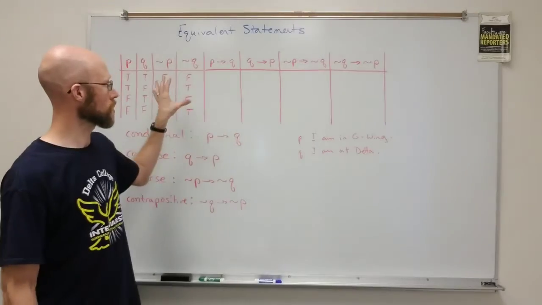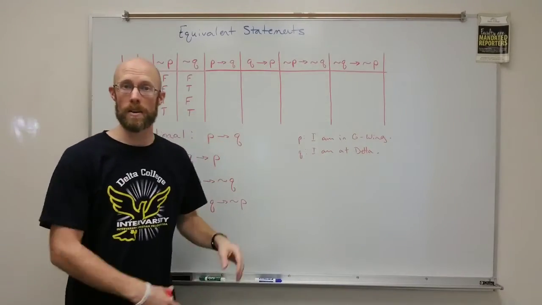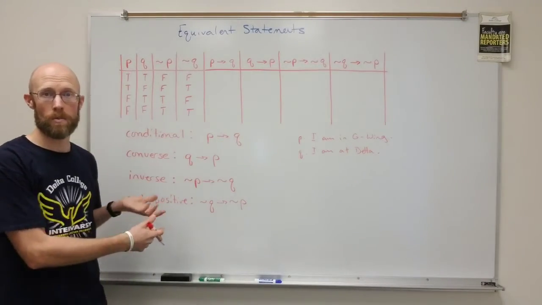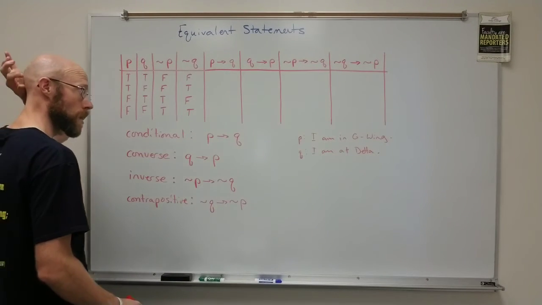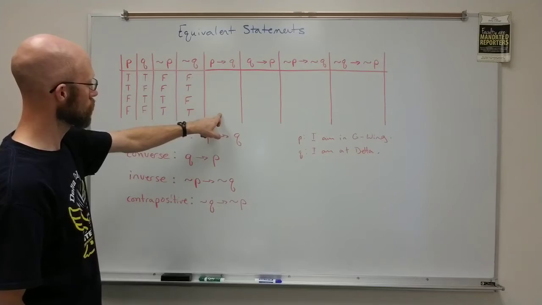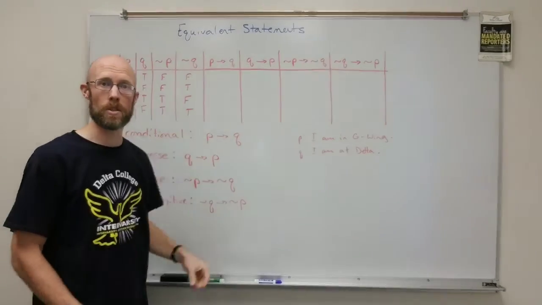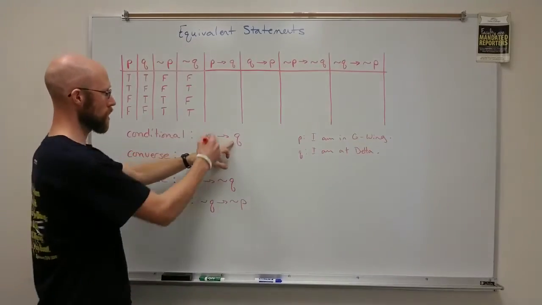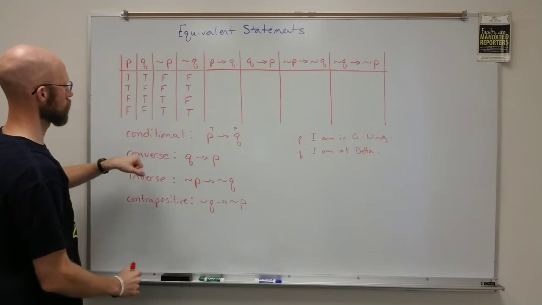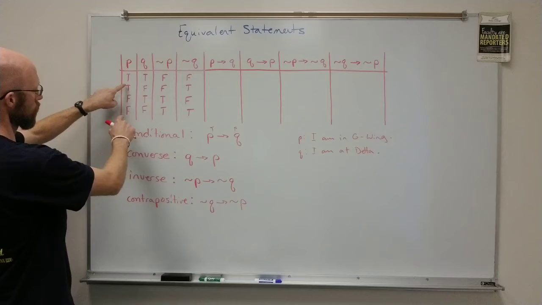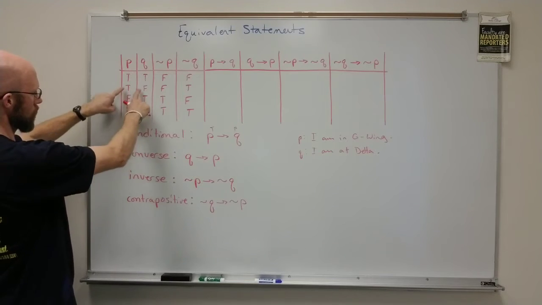Now let's look at the truth table to see if any of these are equivalent, and if they are, which ones. So let's look at the conditional first of all. We know that a conditional is false only when the antecedent is true and the consequent is false. So we want P and Q, we want a true and false combination.